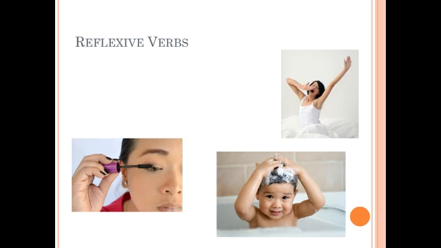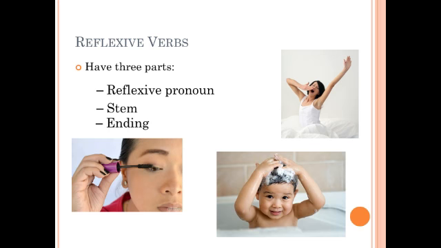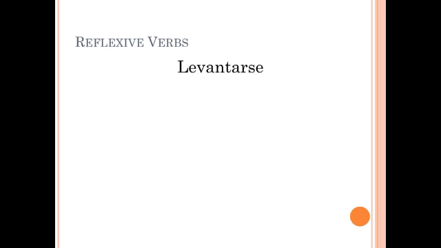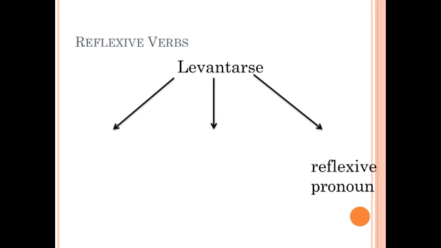Reflexive verbs have 3 parts. The really key part to help you remember that it's a reflexive verb is that it has the reflexive pronoun attached to the end of the infinitive. It also has the stem and the ending, just like every other verb. So let's take a look at the verb levantarse, and like I mentioned, it has 3 parts. The first part we really want to look at is the reflexive pronoun.